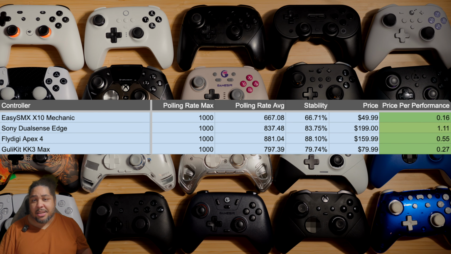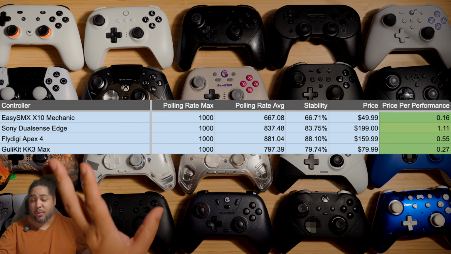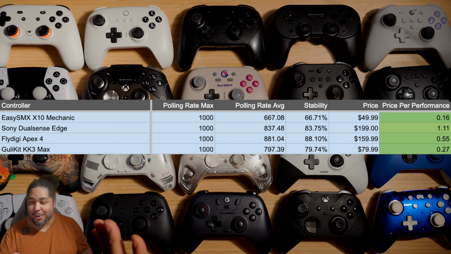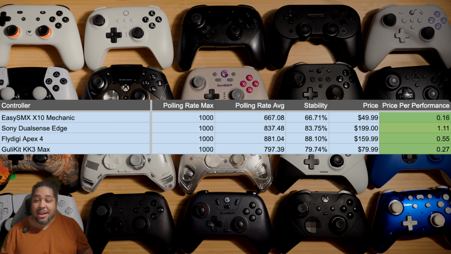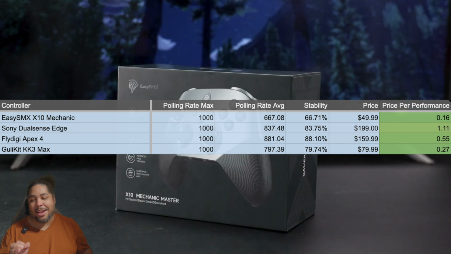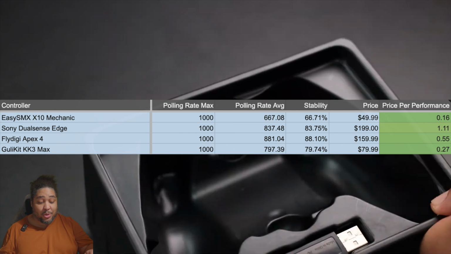So we have the Easy SMX X10 mechanic, the DualSense Edge, the Fly DG Apex 4, a killer controller by the way, and the KK3 Max in that category. Now when it comes to just, again, price per performance, the X10 mechanic is extremely hard to beat.